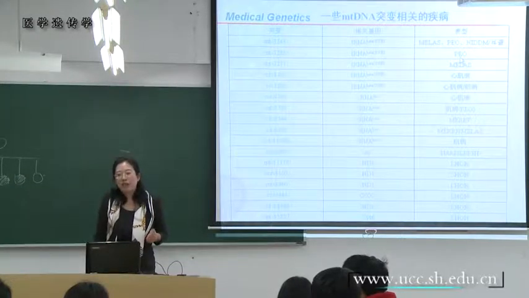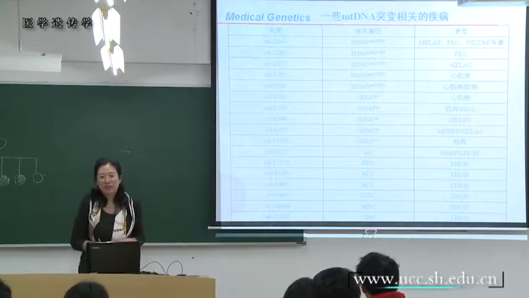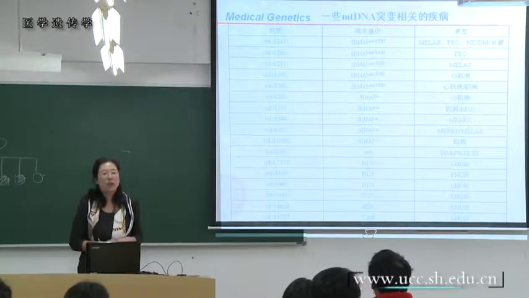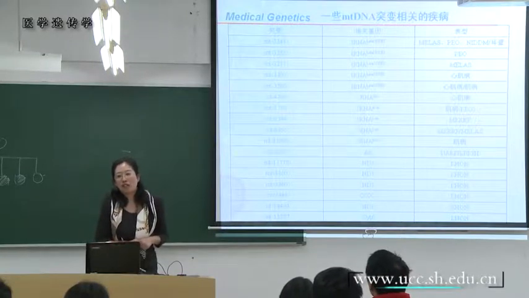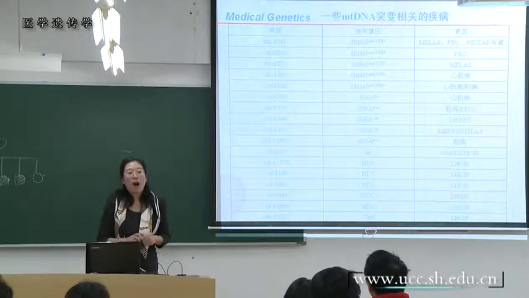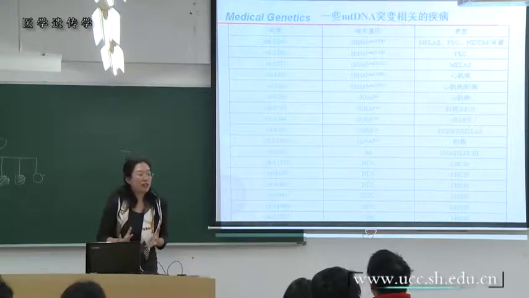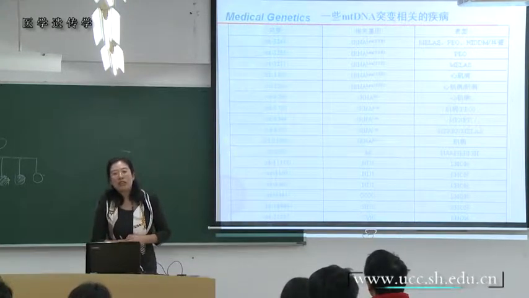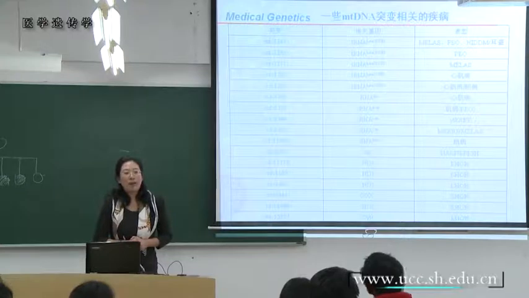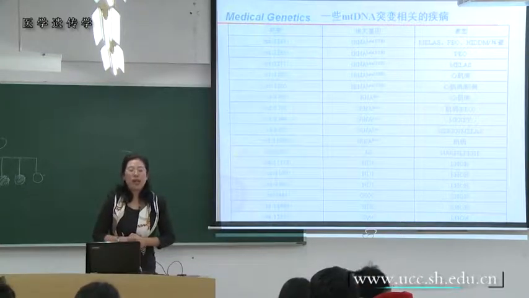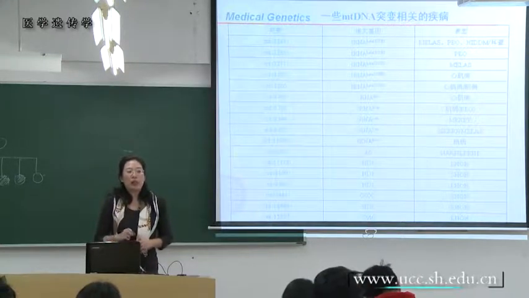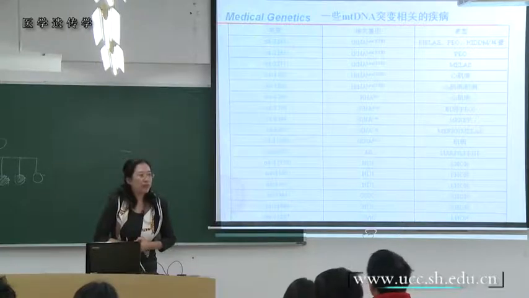Why? Who can tell me why? Do you remember the function of mitochondria? It's the power factory of a cell, the energy factory. So the proteins of mtDNA are all proteins which produce energy.